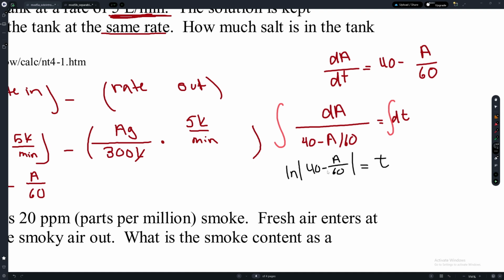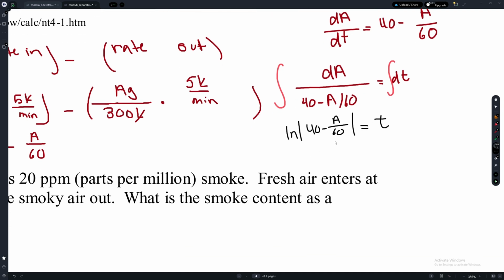All right. Now we've got to leave A on one side. How do we do that? Raise it. So this will be, don't forget your plus c, by the way. Okay, so we'll raise it to the e. So now we'll have 40 minus A over 60 equals e to the t.